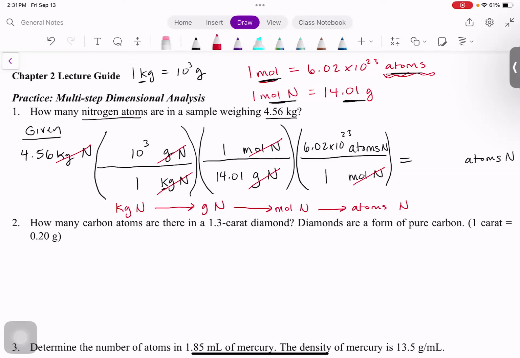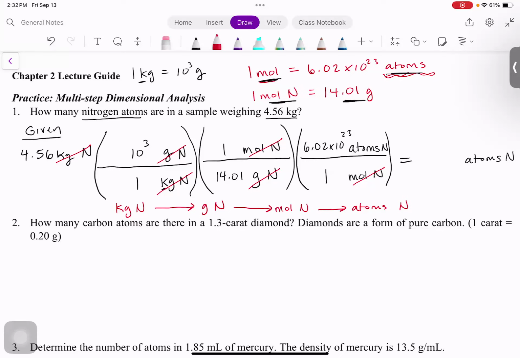And now I just have to multiply and divide across. And again, be careful here with your calculator. So 4.56 times 1,000, or 10 to the third, divided by 14.01, times 6.02 times 10 to the 23rd.